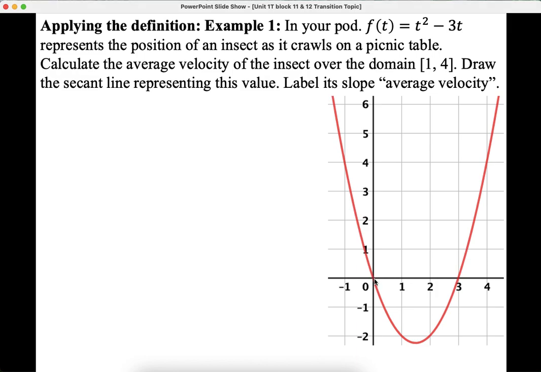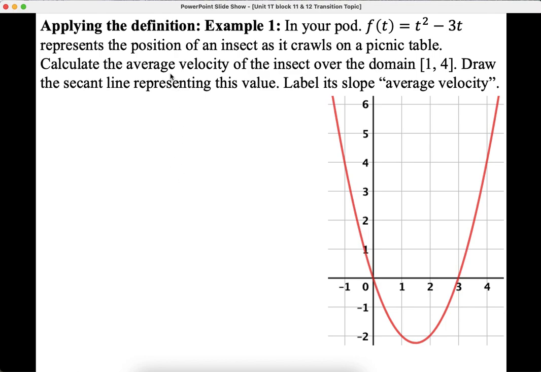So here's the insect at time t equals 0 at the origin, and then it looks like it crawls away from you to a position of negative maybe 2 point something. So maybe it is about 2 and a little more meters to your left, and then it turns around and comes back to you, and then it crawls past you to the right. So that might represent the motion of the insect.